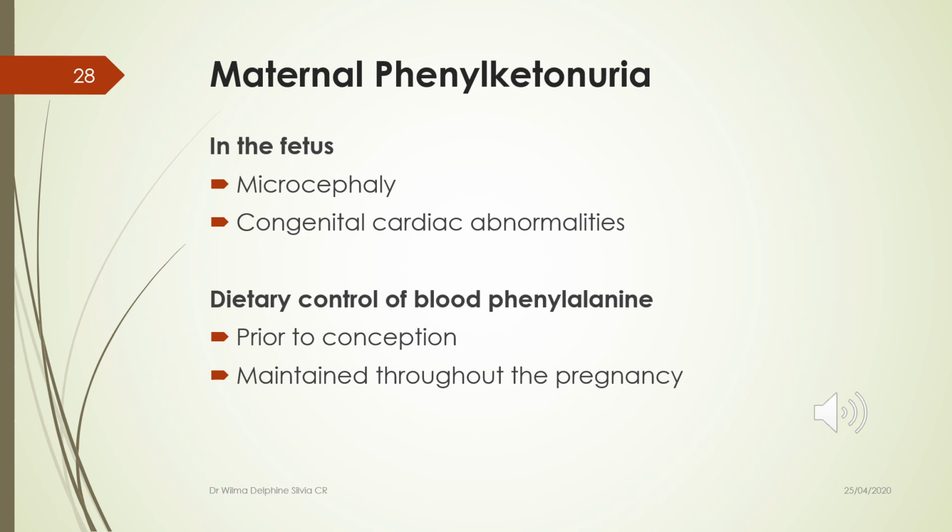These developmental responses to high phenylalanine occur during the first months of pregnancy. Hence, dietary control of blood phenylalanine must begin prior to conception and must be continued throughout the pregnancy.